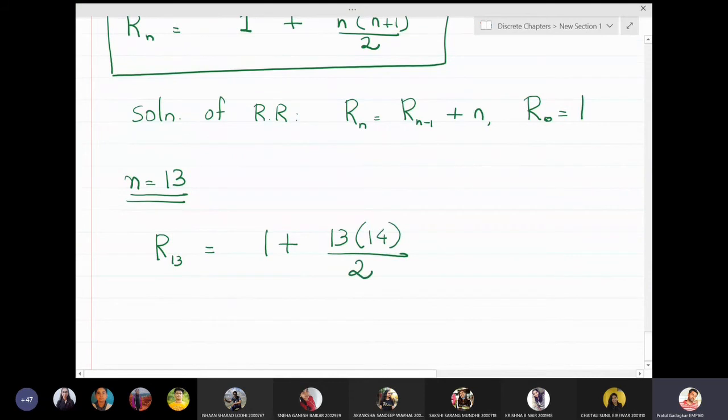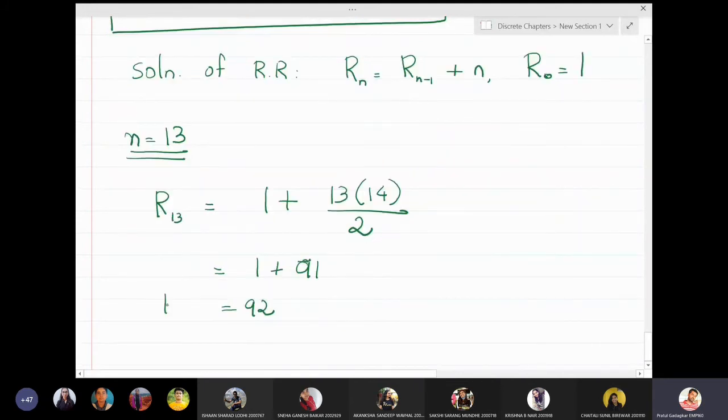So this becomes 1 plus 91, I suppose. Okay, just check. And that will give you 92. So I hope this answer is correct. Please check in your free time. So this is the way you will solve this recurrence relation and find the number of regions after drawing n non-parallel, non-concurrent lines in a plane.